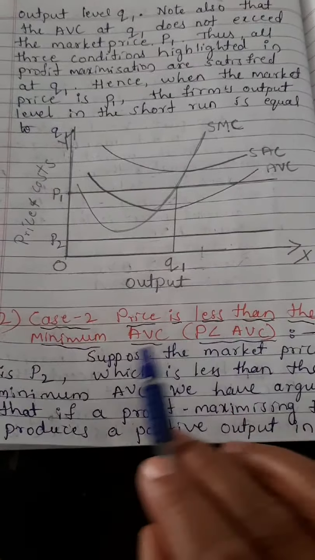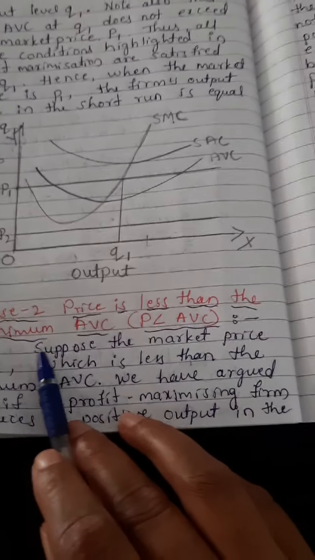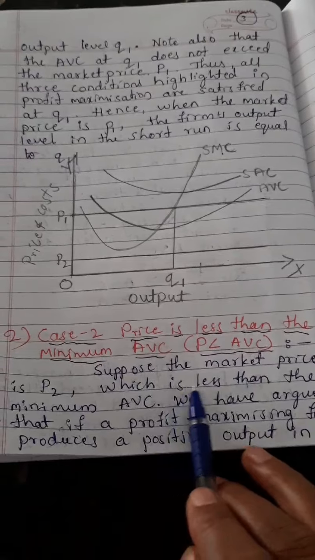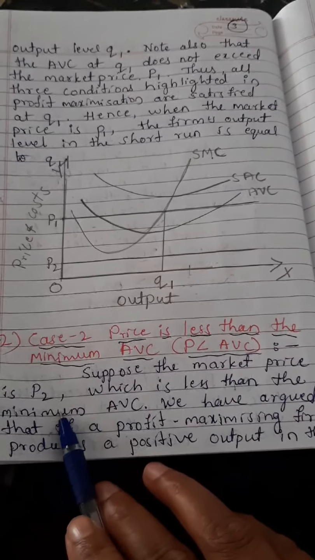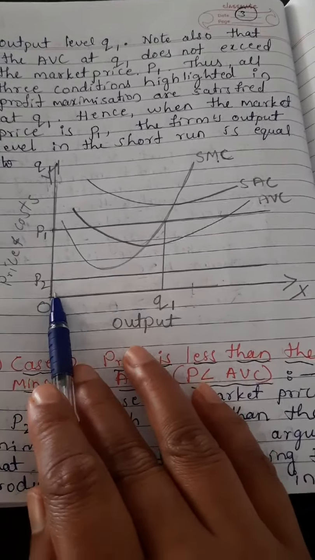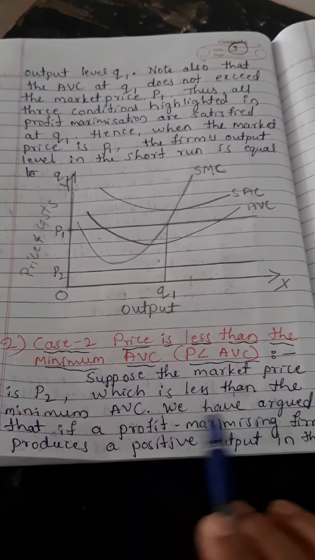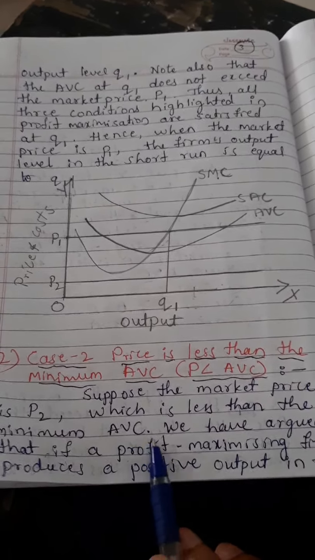And case number 2: price is less than the minimum AVC. Price is less than AVC here. Suppose the market price is P2, which is less than the minimum AVC.